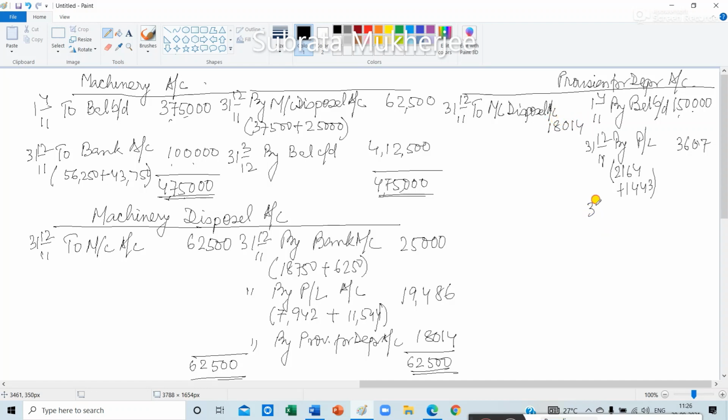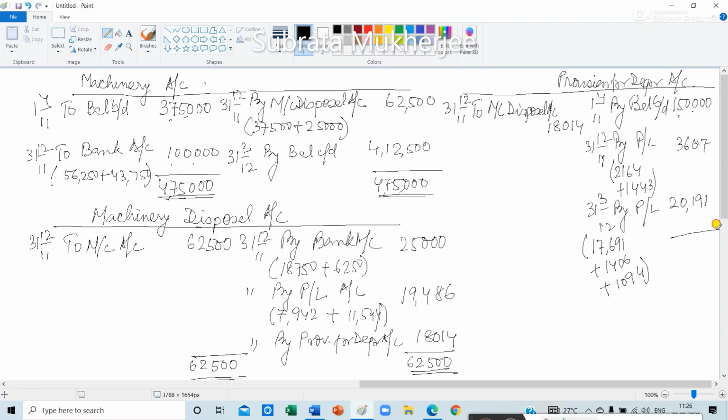Now on 31st March 2012, you have charged depreciation on M3, M4 and M5 for rupees 20,191. That is 17,691 plus 1406 plus 1094. This is for your understanding. You need not write these.